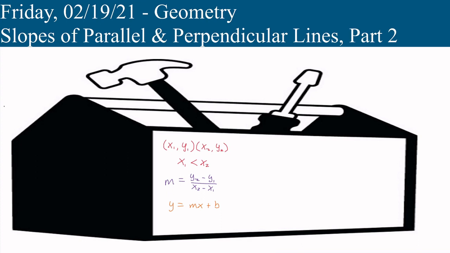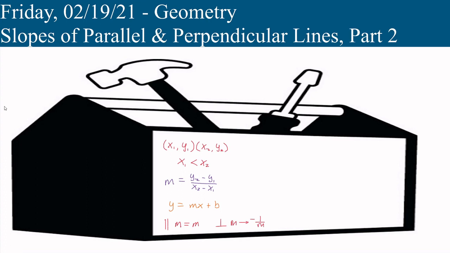Now here's something else. Whenever you're dealing with a parallel line, so I'm going to do my little parallel signs here, your slopes are equal. When you have perpendicular lines, your initial slope, you need to flip it. So now it's in the denominator, that numerator, and you need to give it an opposite charge.